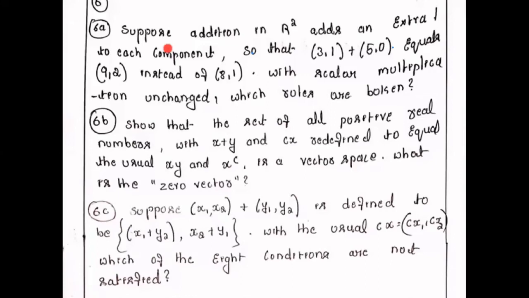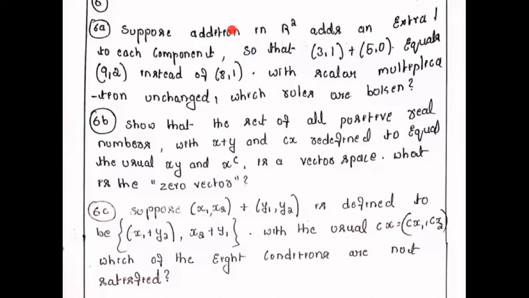You should not say that, see, two vectors are considered here, 3 comma 1 and 5 comma 0. The actual answer after adding would be 8 comma 1, but here what they are defining as a vector is, once you add, then you add again an extra 1 to each component. That is what they are saying.